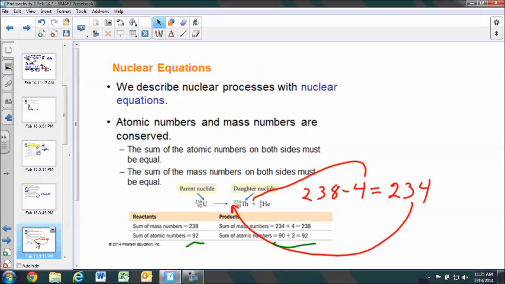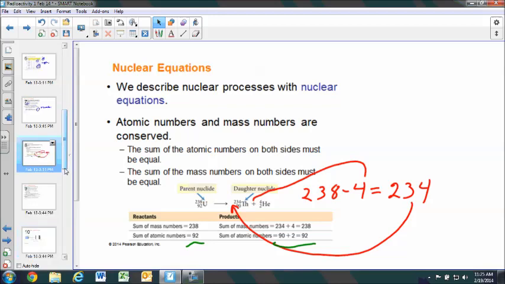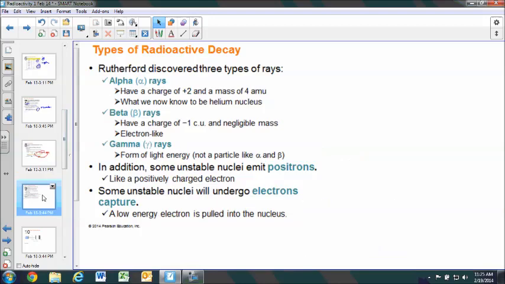So one of the other radiations that we see coming out from nuclear reactions are gamma rays. Gamma rays are electromagnetic radiation that carries no mass and no charge, just energy, and it's kind of powerful.